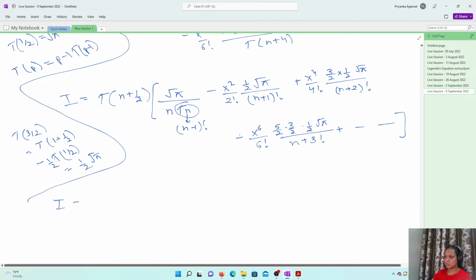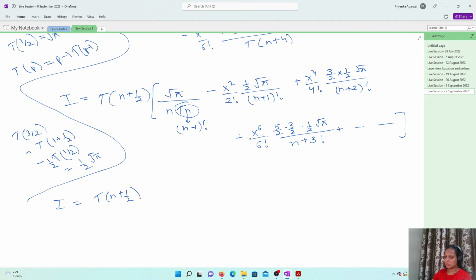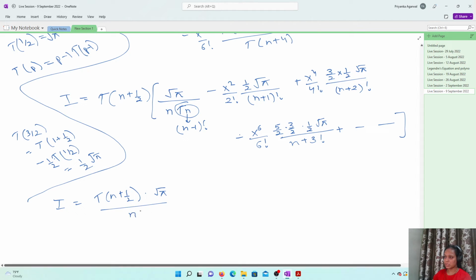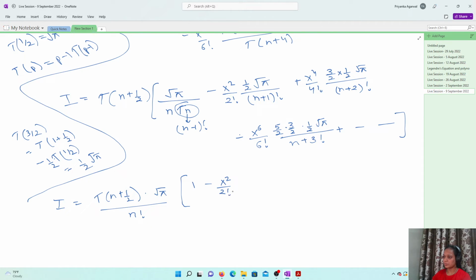I equals gamma of n plus 1 by 2, root pi taken outside, and n factorial also taken as common. So now the first term becomes 1 minus x square over 2 factorial into 1 by 2 over n plus 1.